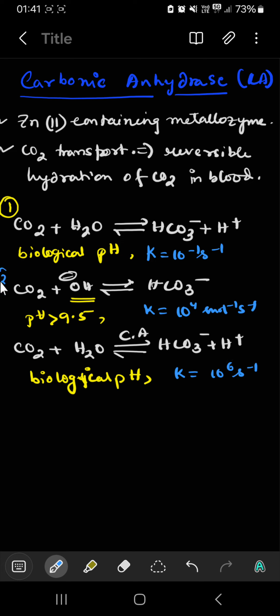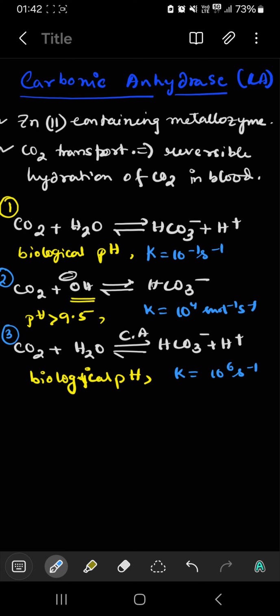We have written the three equations. All these are hydration equations, and in the first case, the hydration of CO2 in water at biological pH has a very low rate constant, so the rate is very slow. The second reaction, in the presence of hydroxide ion, that is in alkaline medium, has a very high rate constant, 10 to the power 4.